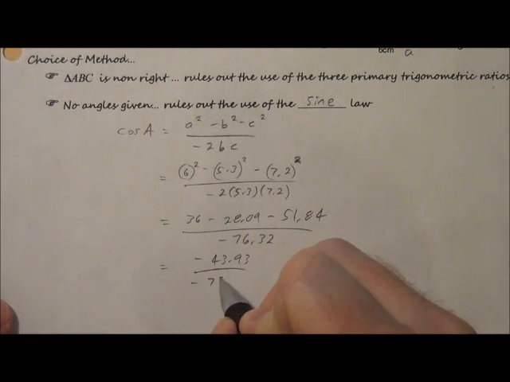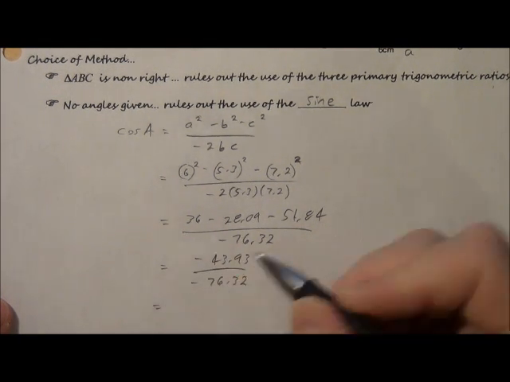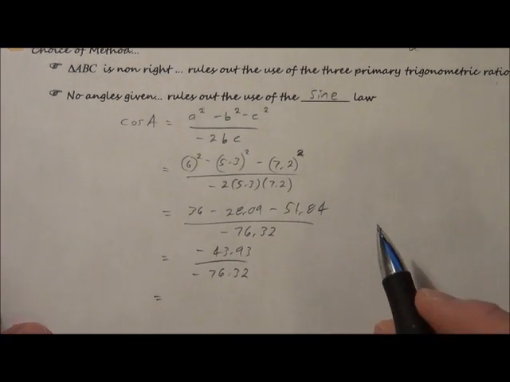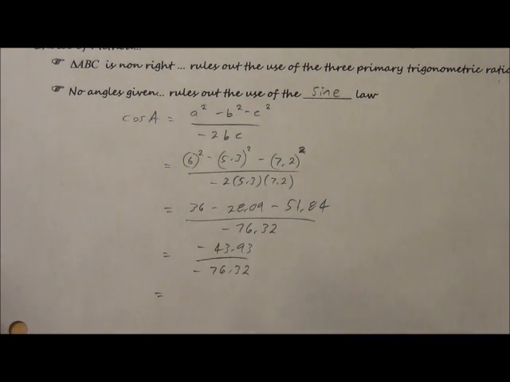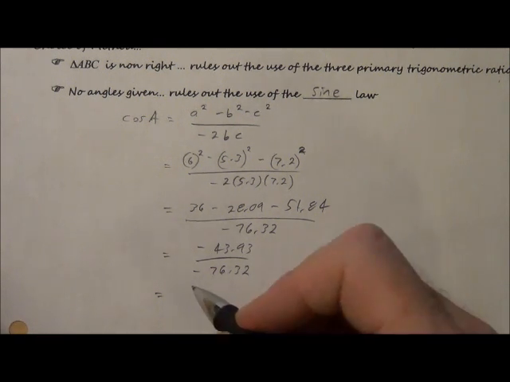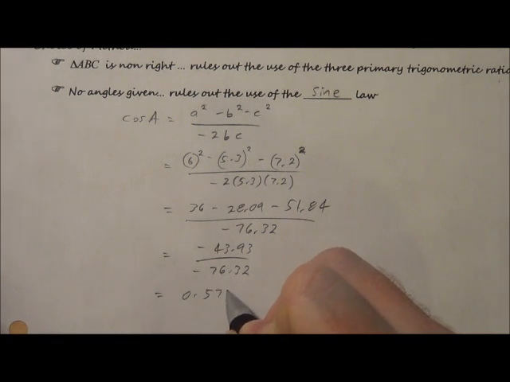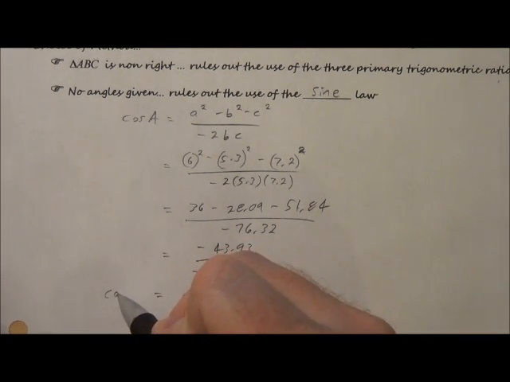43.93 over negative 76.32. The fact that they're both negative is a good sign because then when you divide them, you'll get a positive. And I divide this, and I get 0.5756.